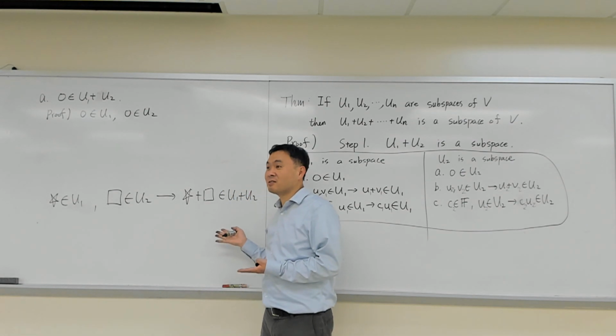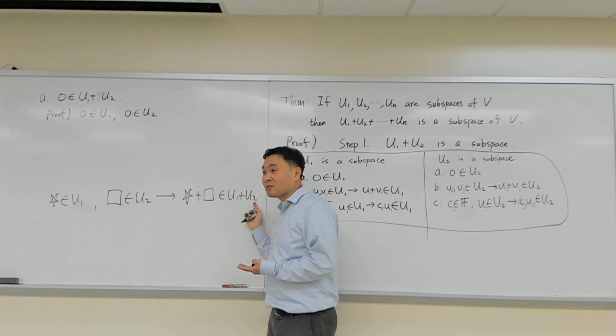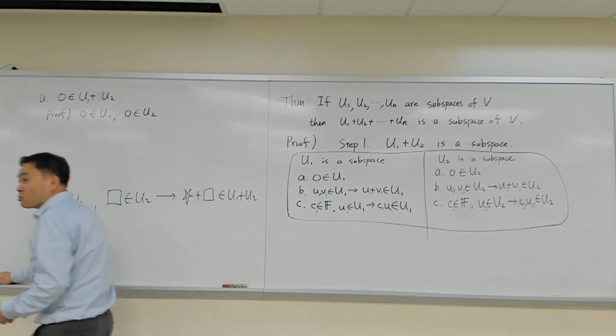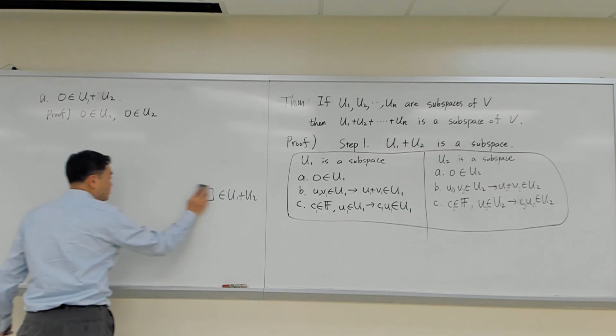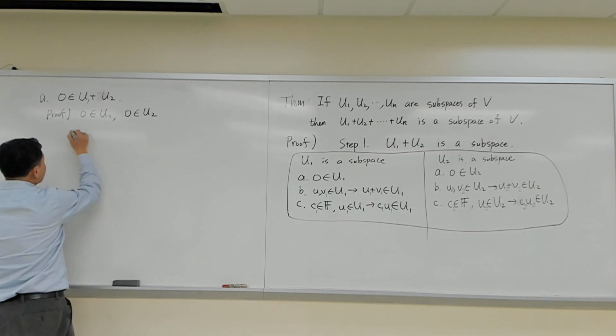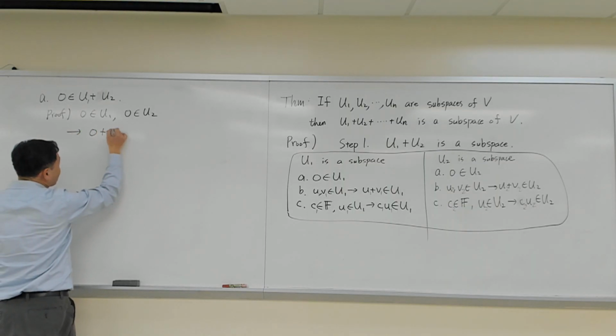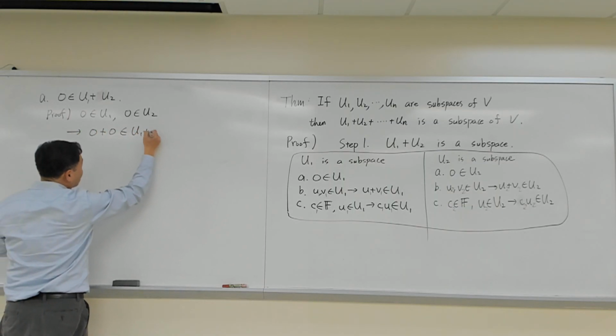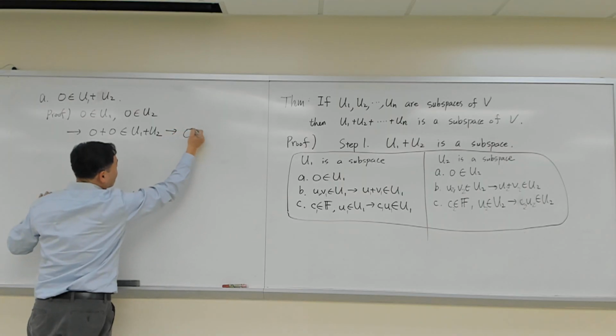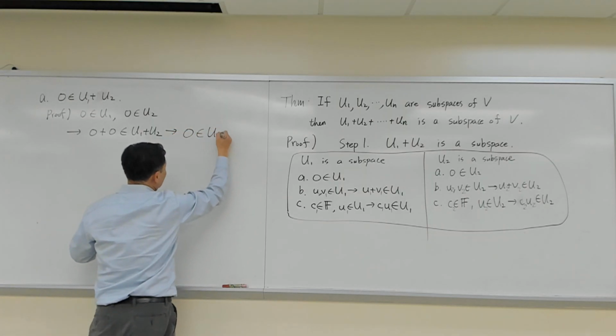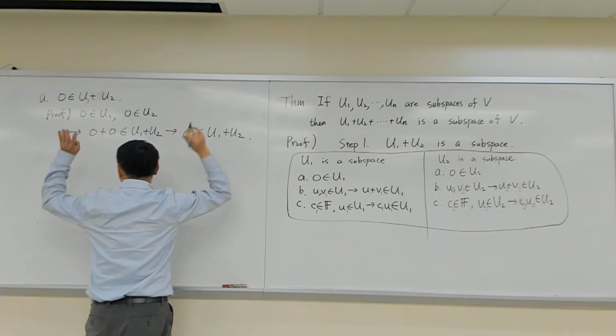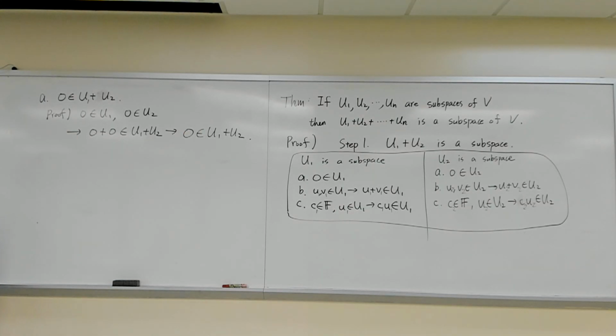So this means that 0 plus 0 is in U1 plus U2, so that 0 is indeed in U1 plus U2. Done. First part is done. We've managed to prove one third of showing that U1 plus U2 is a subspace. B.